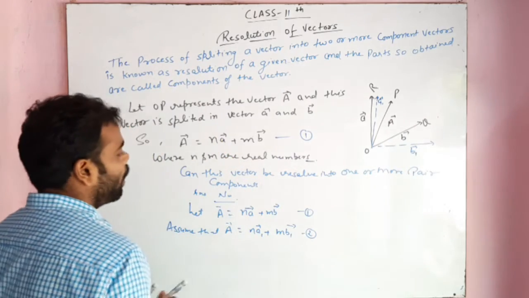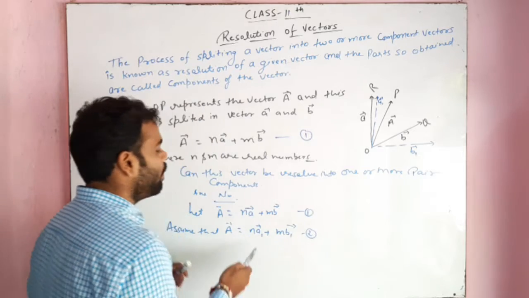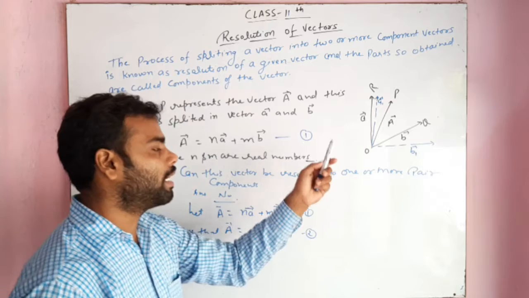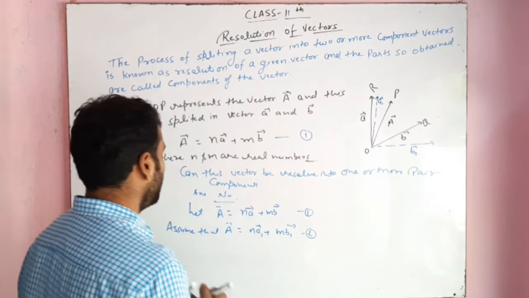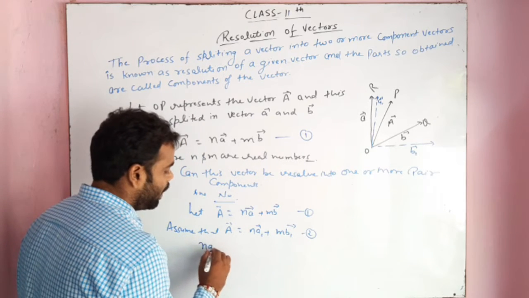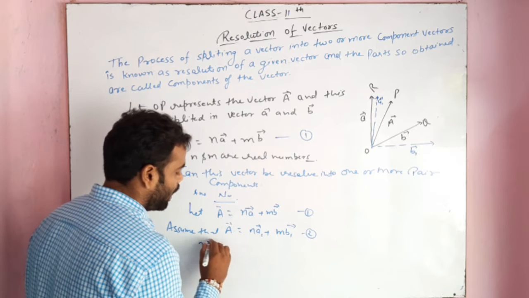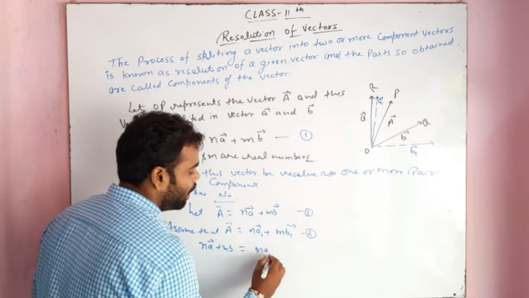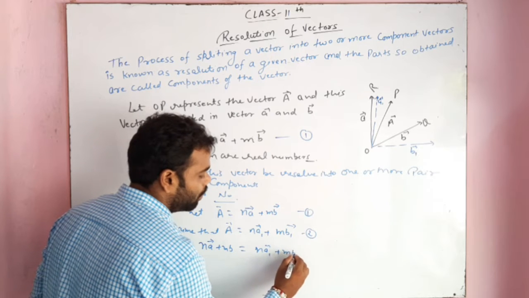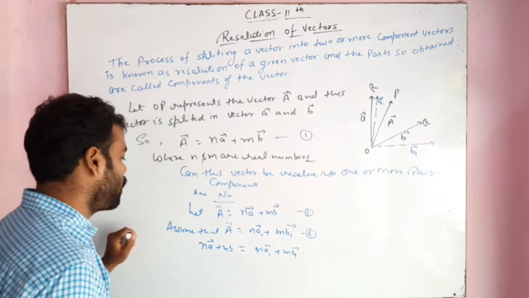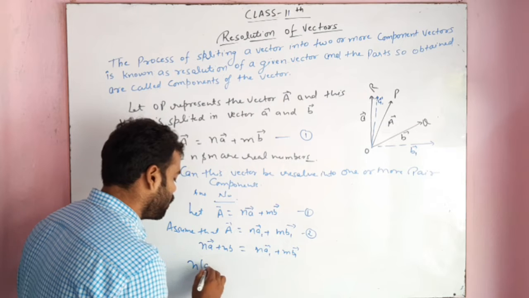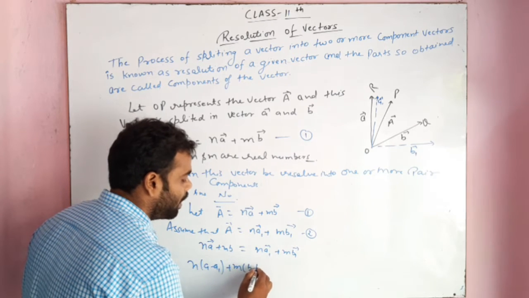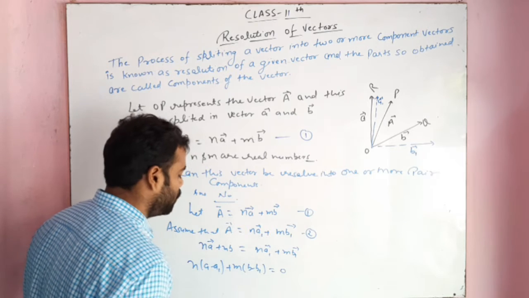According to first and second, if the first pair and second pair both represent the vector A, then they will be equal to each other. So nA plus mB will be equal to nA1 plus mB1. So n(A minus A1) plus m(B minus B1) will be equal to 0.